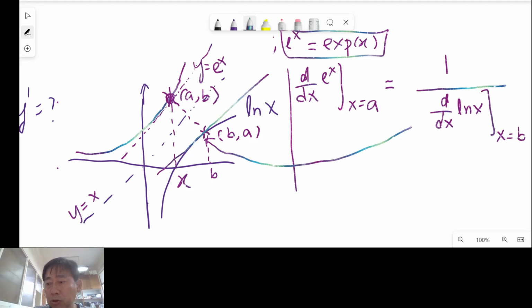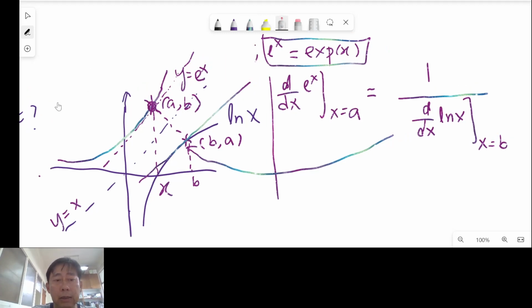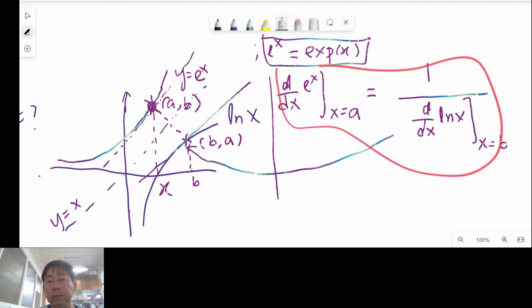This is the relationship that relates the slope of the exponential function and the derivative of the logarithmic function. You have to be careful at which point the derivative is calculated. On the exponential function, the derivative is calculated at the point a. The derivative on the log function is calculated at the point x equals b. That is the general relationship that relates them.